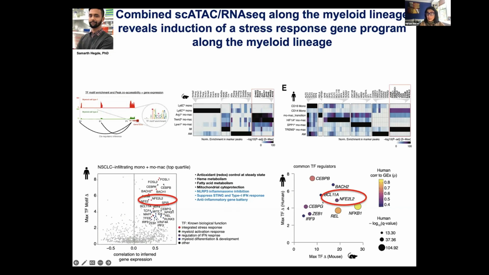This molecule is known to suppress inflammatory responses, type 1 interferon response and STING response, which we know is important to promote innate immunity and drive T-cell effector function. So we said, okay, this transcription factor is maybe induced to protect. The reason this NRF2 program is induced is to dampen inflammation but also promote cell survival, right?